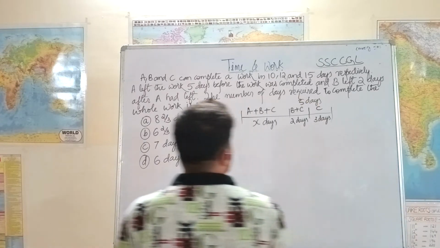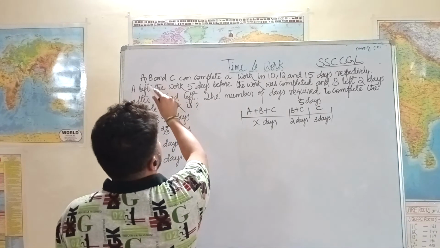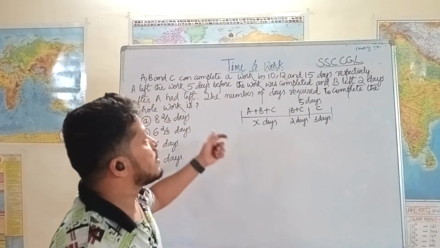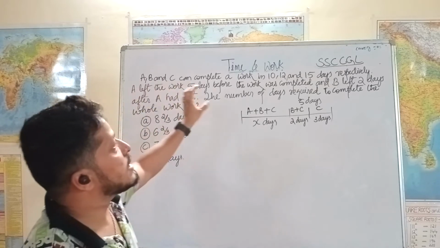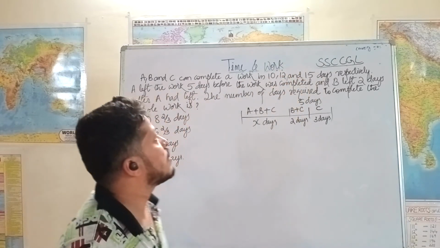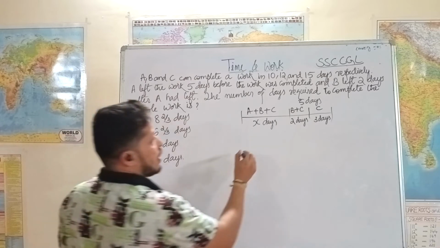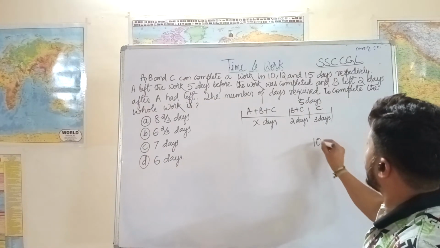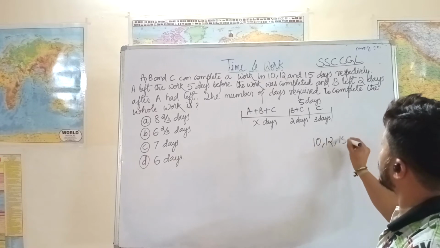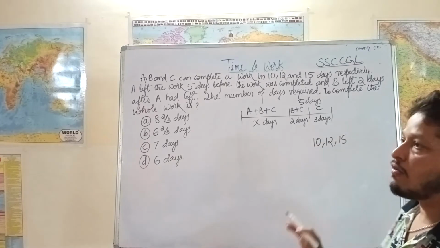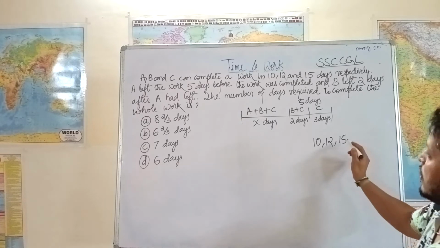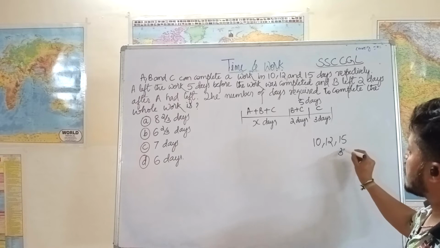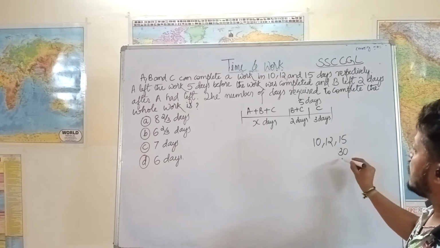Now, see the efficiency of them is 1 by 10, 1 by 12 and 1 by 15. Let's assume the total work as the LCM of these three numbers, 10, 12 and 15. How do you find LCM? Usually when you have three numbers, the LCM will be the largest of those or a multiple of the largest number. Because 15 is not divisible by 10 or 12, it has to be either 30 or 60.